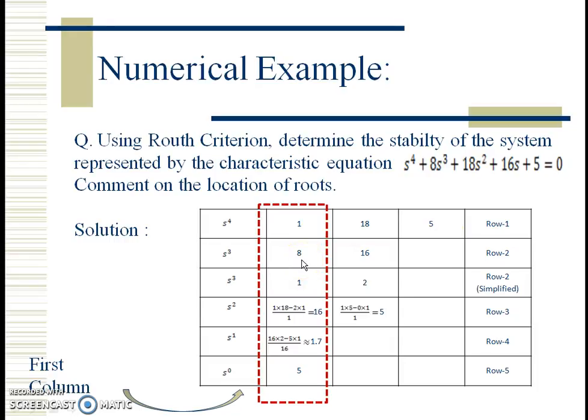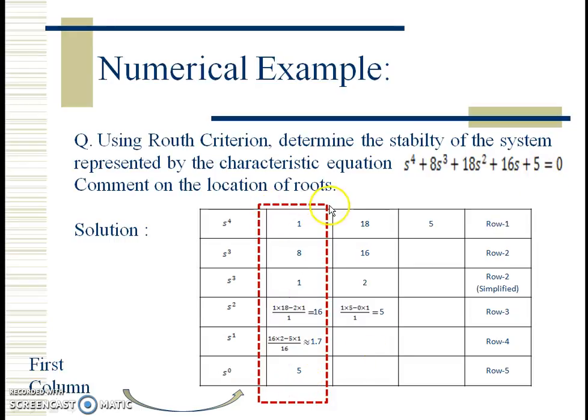Again we have s cube, where the coefficients which were skipped earlier are written. Then we have constructed the s square and s to the power 1 values, and as a result for s to the power 0, the coefficient is 5, and it is written.